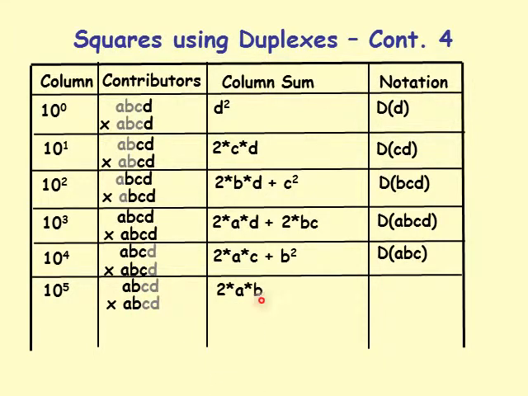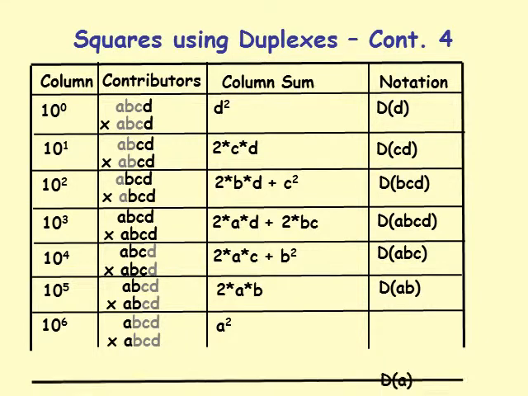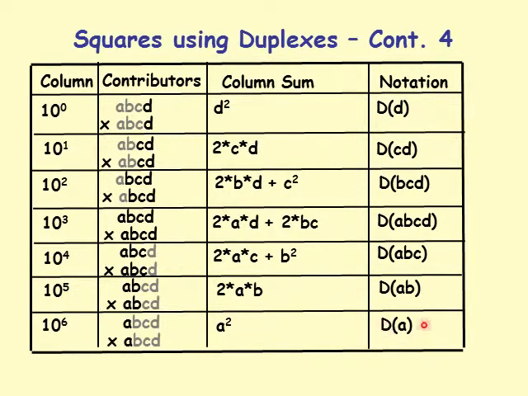So the column sum is 2 times AB, and its notation we call the duplex of AB. Now in the 10 to the power 6, the millions column, the contributor is only the leftmost column here, A times A. A and A are vertically aligned, so it's A squared. Only one product, only once. We call that the duplex of A.